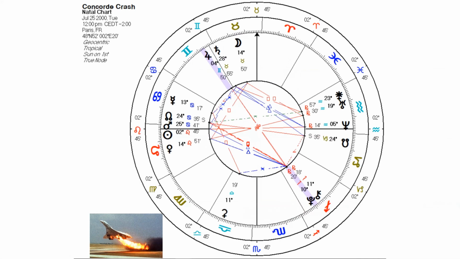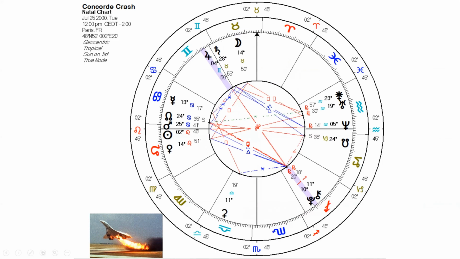Because the Concorde was such a costly, ineffective experiment, a breakthrough on the one hand, but a very challenging project that was not sustainable financially, the crash was a breaking point that led to the decision to retire it.